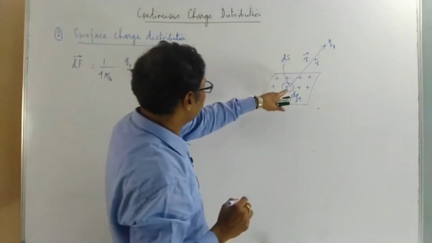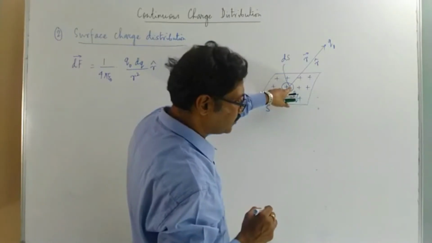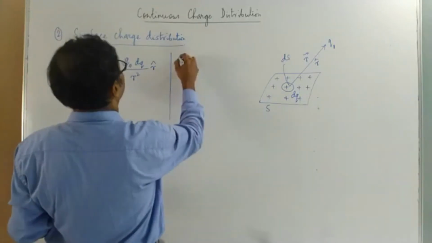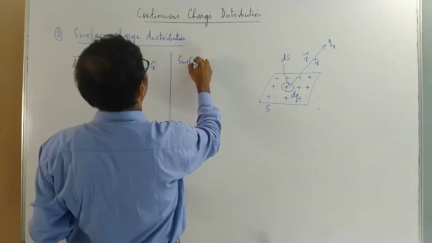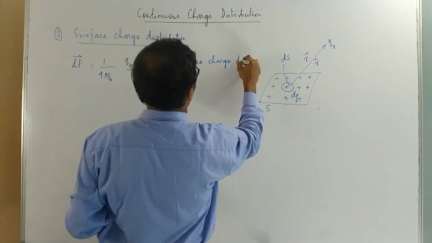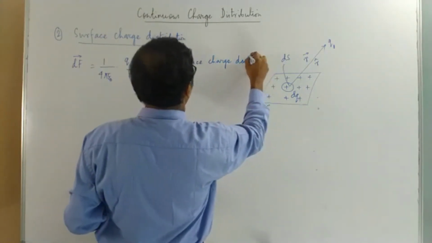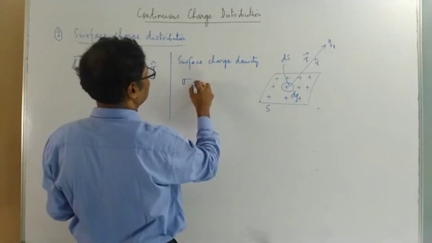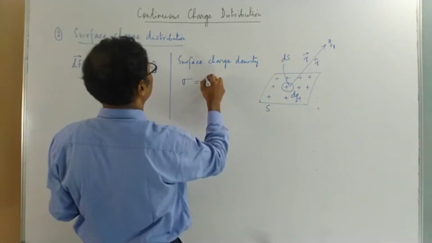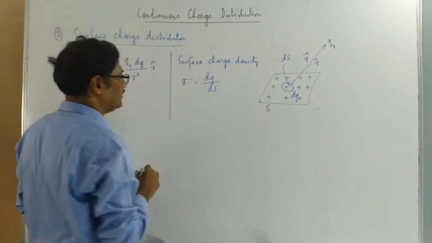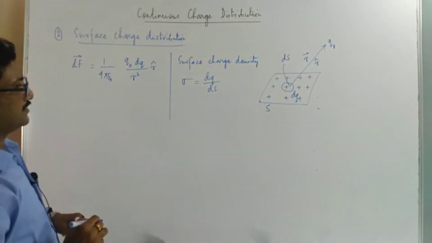Now I am considering surface charge distribution, so I need to consider surface charge density. Surface charge density is denoted by sigma, that is actually charge per unit surface area, dq by ds.